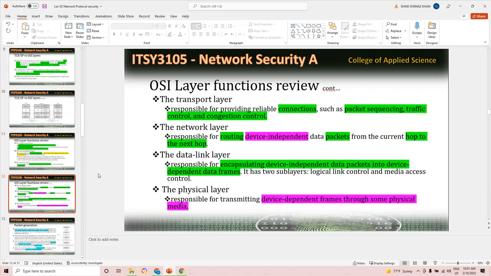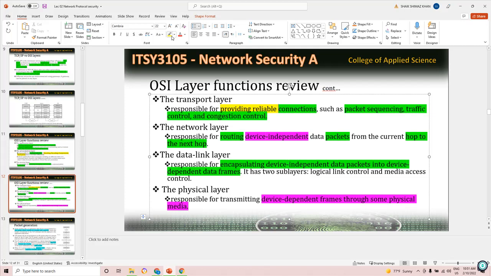The next one is the transport layer. The main job of the transport layer, students, is to establish the connection, providing a reliable connection. Please students, I made it easy, I highlighted the points. It provides a reliable connection.